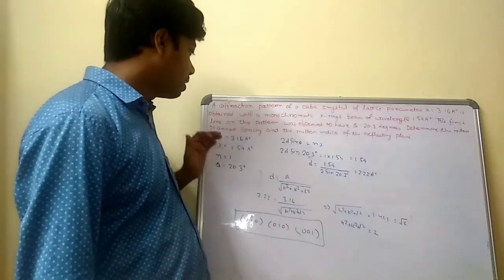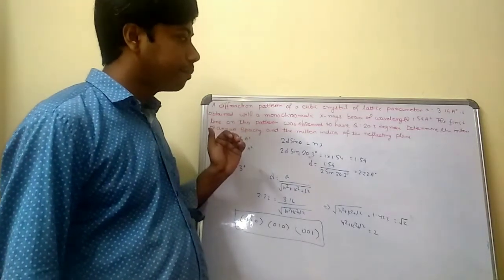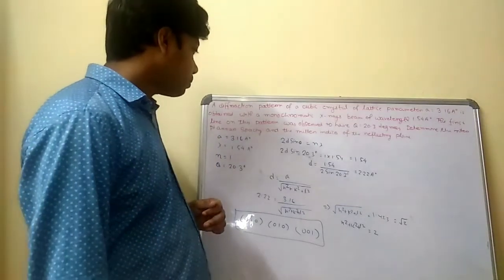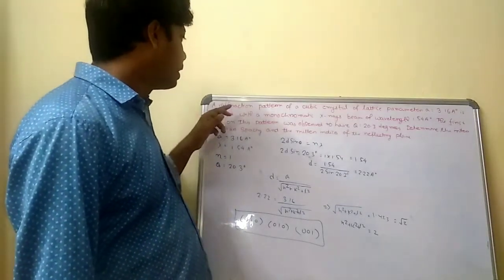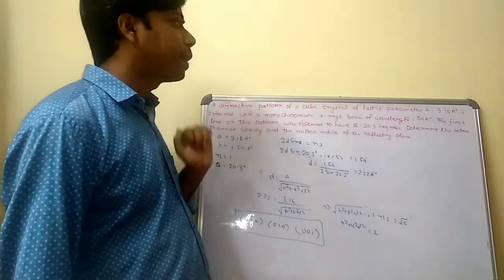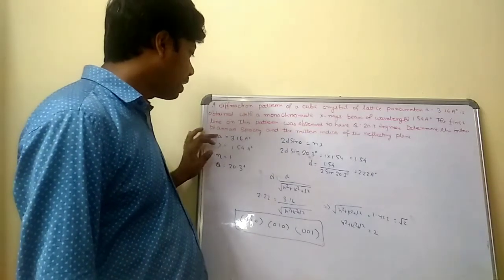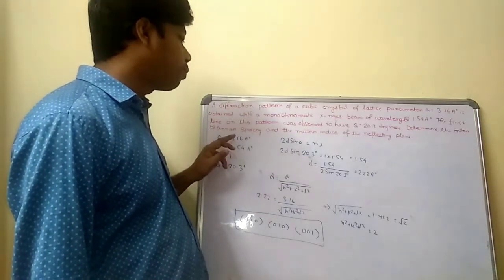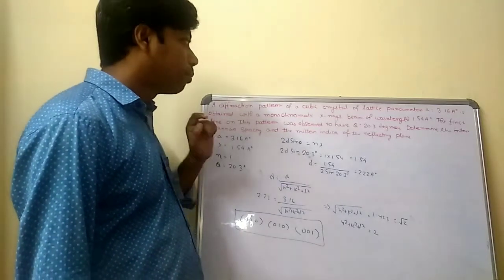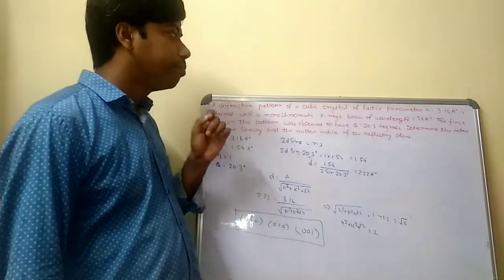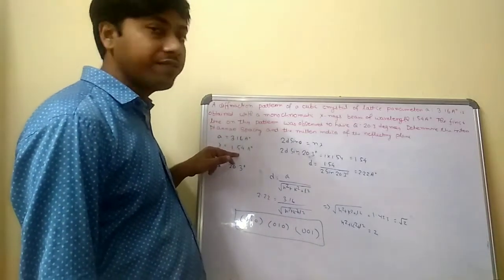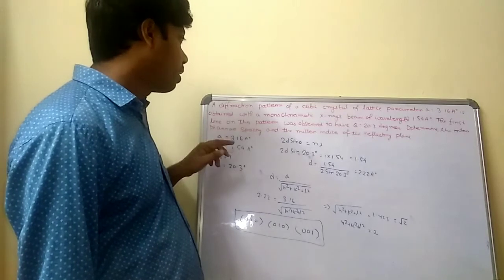Determine the interplanar spacing and the Miller indices of the reflecting plane. Now, the lattice parameter a is given, that is 3.16 angstrom, obtained with a monochromatic X-ray beam of wavelength 1.54 angstrom.